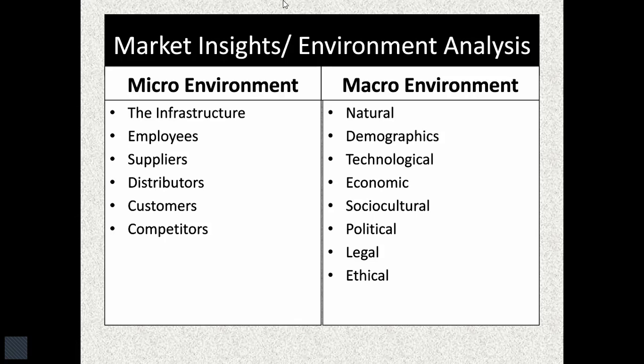Customer base, obviously: if I'm working on a certain segment and I want to change my customer base, that is also within the control of an organization. So many people asked why competitors are considered part of the internal environment. We need to understand that competitors are, to some extent, within the control of an organization.